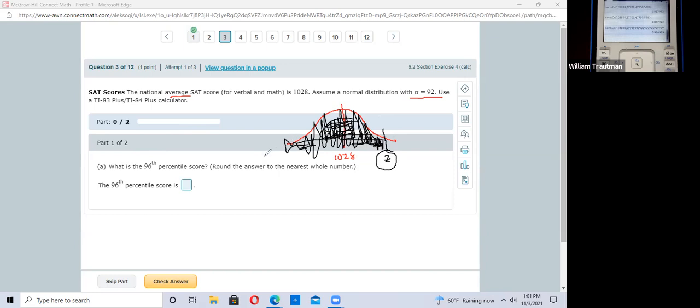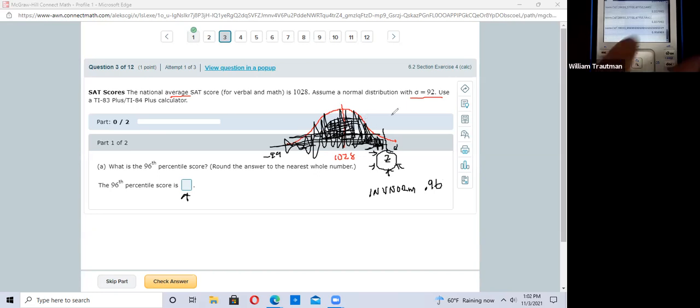We can find the Z value, but then we have to change it to an actual score. So to find the Z value for 96%, we do the inverse norm, because it'll tell us the Z value for 96% to the left of it.